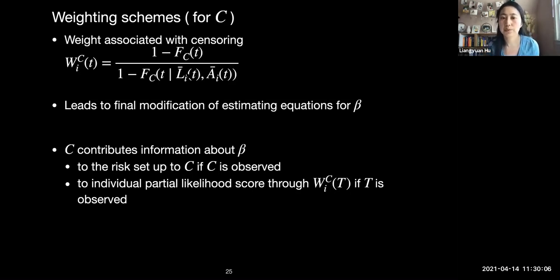Censoring contributes information about our parameter estimator in two ways. When censoring did happen, it contributes to the risk set up to the censoring time. When censoring did not happen, meaning the event happened, it contributes to the individual partial likelihood score through the weights evaluated at the event time.